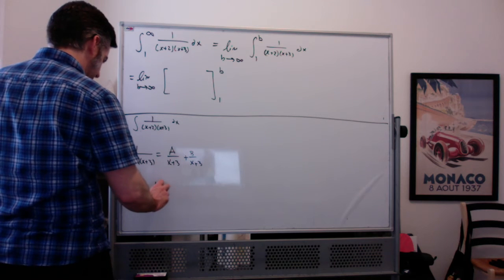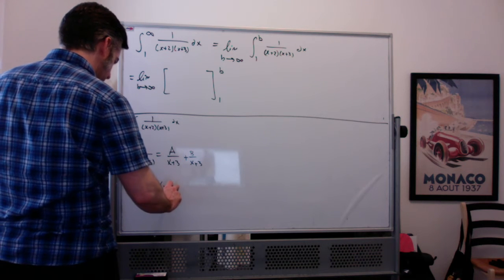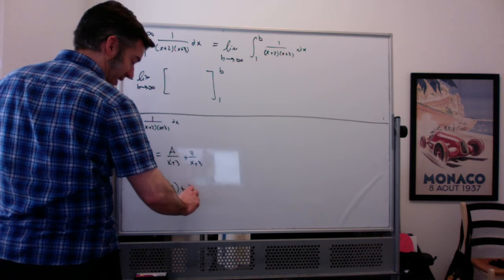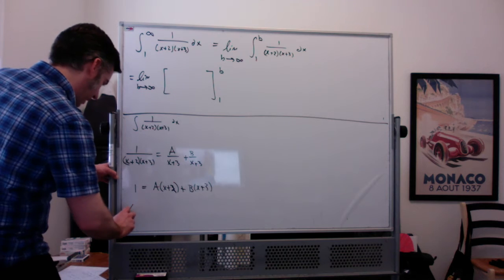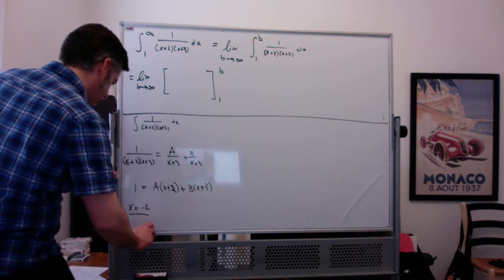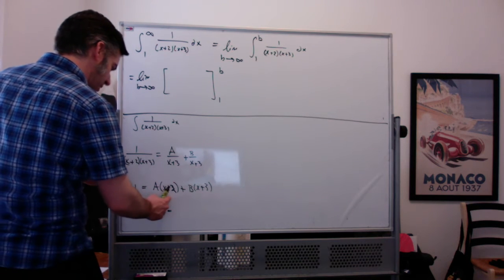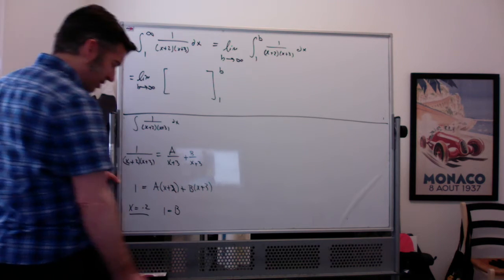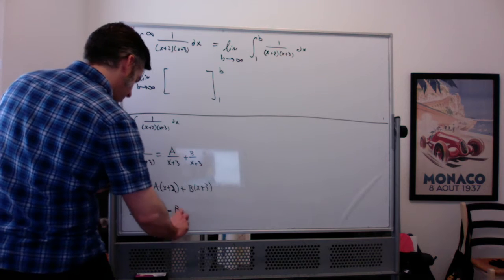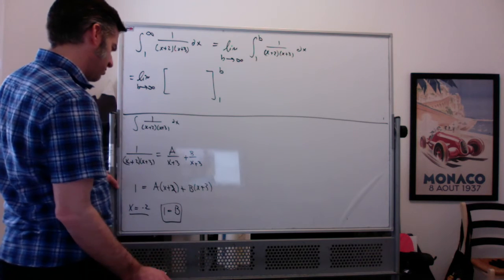On the right you get a times (x plus 2) plus b times (x plus 3). Picking convenient values of x, like x equal to negative 2, you get 1 equal to a times 0 plus b times (negative 2 plus 3), which is 1. So I get b equal to 1.